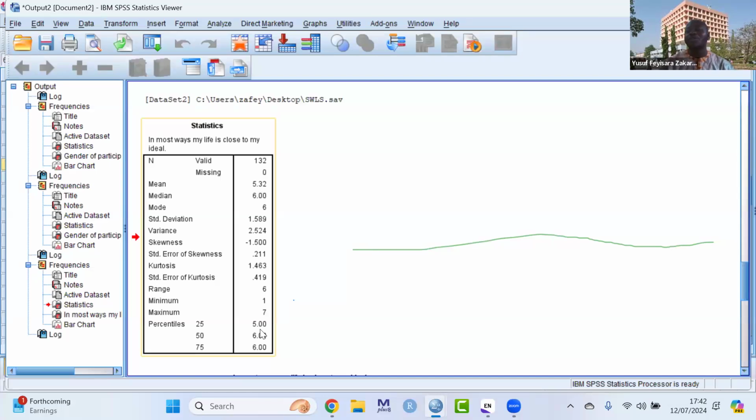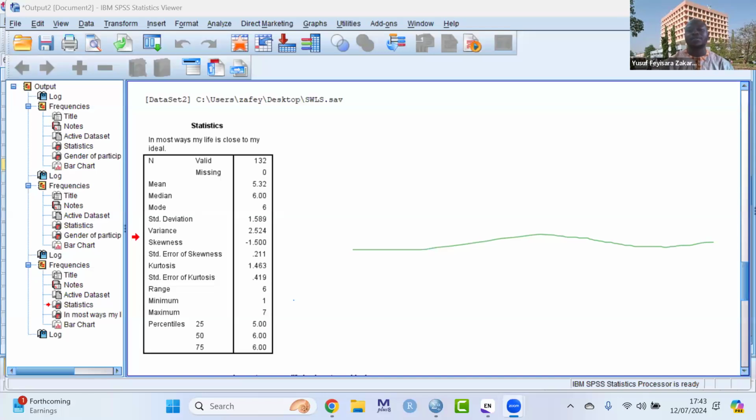So 25 over 100, which is the 25th percentile, is equal to the first quartile. Let me write it here for you: the 25th percentile equals the first quartile.